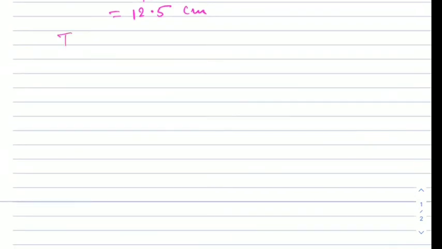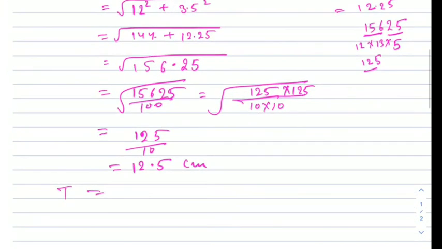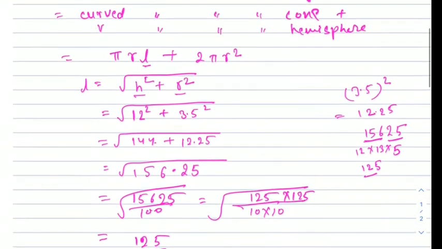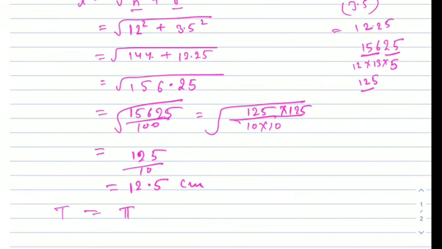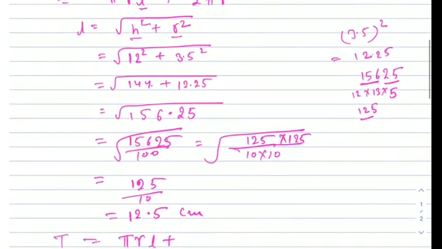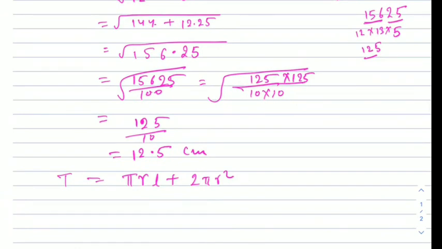Now total surface area of the toy is equal to curved surface area of the cone plus curved surface area of the hemisphere. It can be written as pi r l plus 2 pi r square. Here we can put the values, but for convenience I am going to take common pi and r from here.